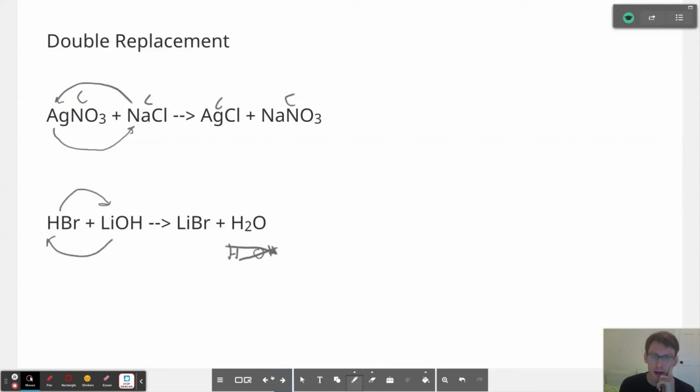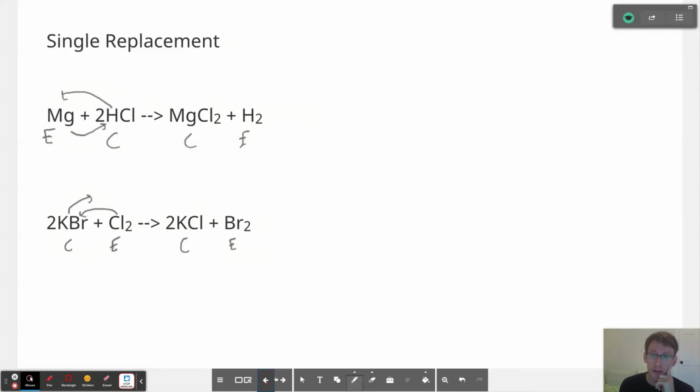Just to point something out, we will learn at a later time that not every potential single replacement reaction will happen. For example, you would not get hydrogen to react with magnesium chloride to produce HCl and Mg.